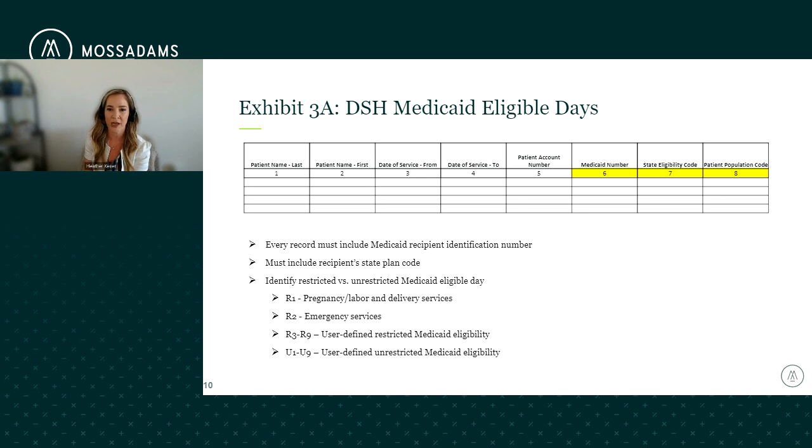We are looking for specific program codes or Medicaid codes, benefit plan codes, aid category codes, some type of eligibility code from Medicaid that shows what that patient's eligibility actually covers. And as you can see here on the slide, for the patient population code, they even want you to identify those restricted and unrestricted eligibility codes related to pregnancy and labor or delivery services or even emergency services.